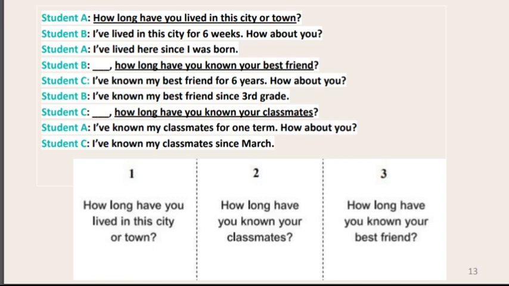Student B, student C, how long have you known your best friend? Student C, I've known my best friend for 6 years. How about you? B, I've known my best friend since 3rd grade.